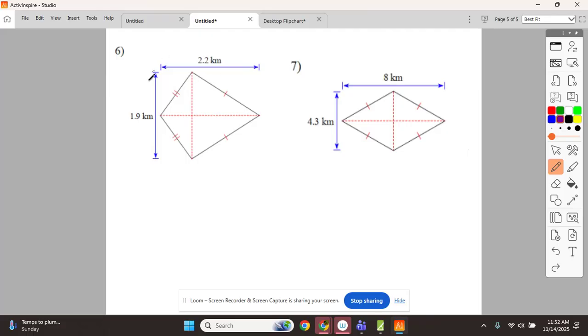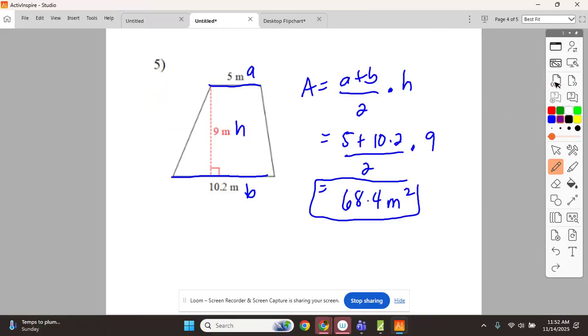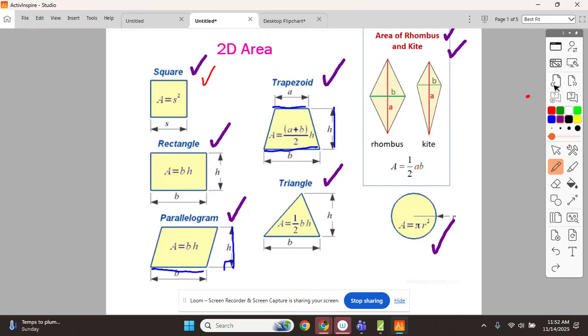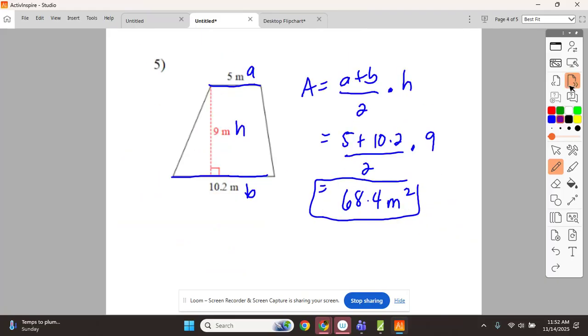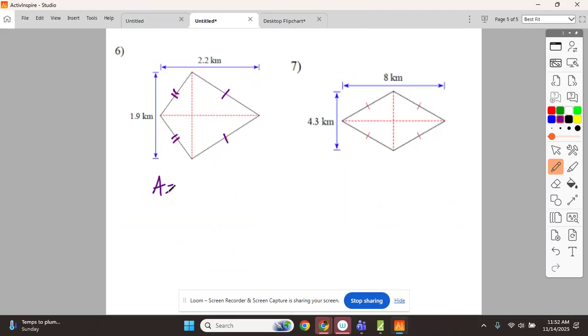Number 6 and 7. This figure is called the kite. The two consecutive sides are equal, and these two here are congruent or equal too. So what do we know about kite? Kite and rhombus have the same formula: 1/2 times A times B, where A and B are the diagonals of the figure. So here the area is half AB.